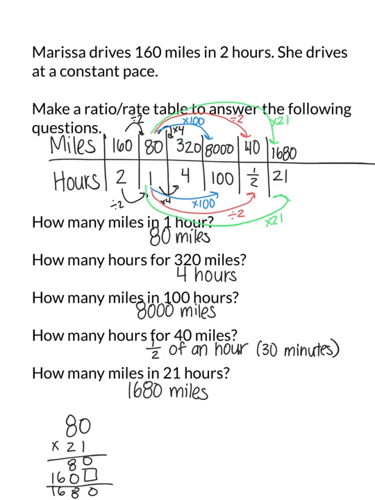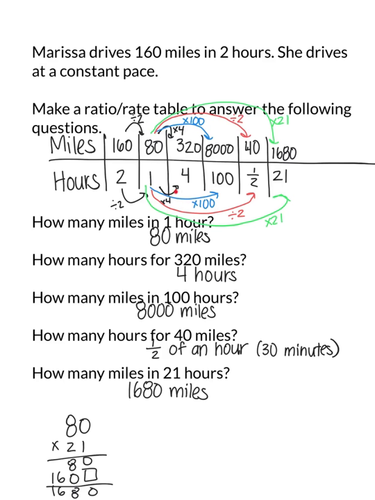And notice how I tried to use colors to keep it really clear which one I was using, but notice how I always went back to this 1 here. This is probably the easiest one for me to use to solve each of these. If I have 100, well, 1 times 100 is 100. If I have 21, well, 1 times 21 is 21.